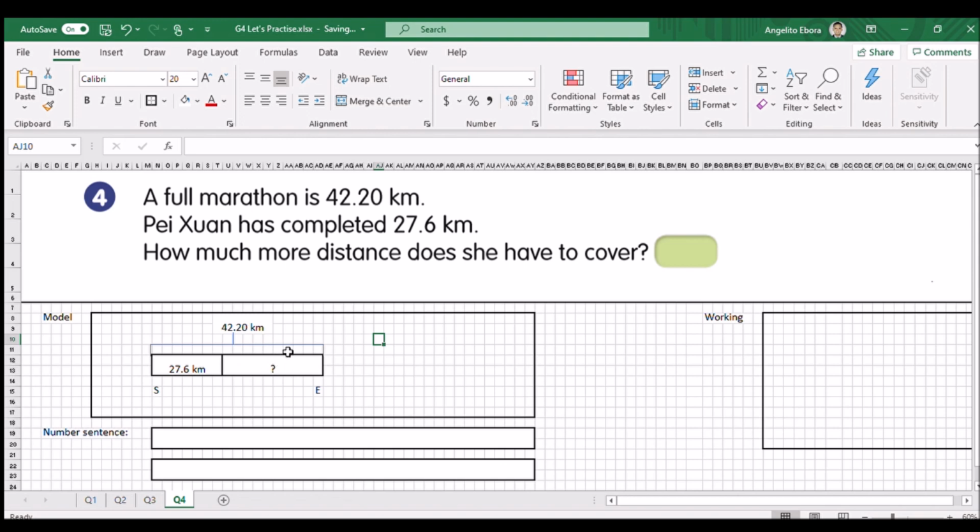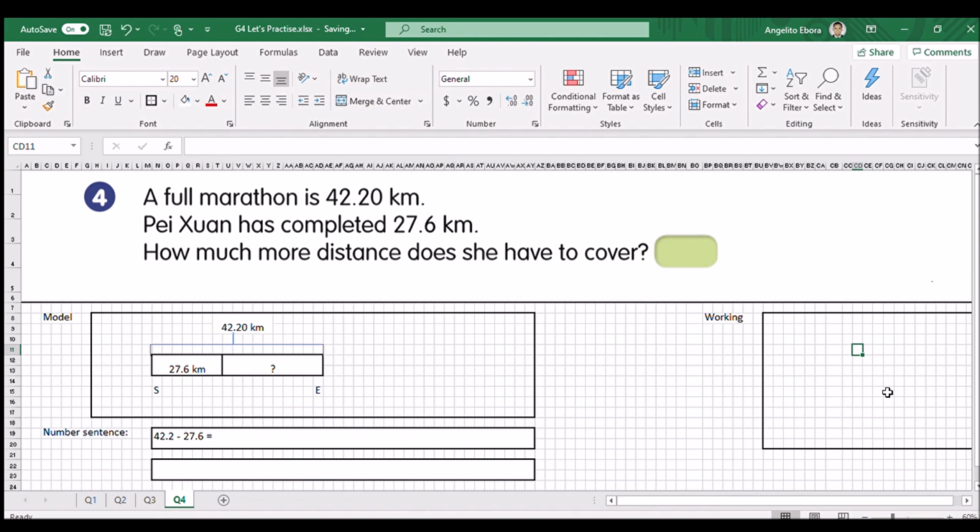So how do we find this part? It's like a number bond, so we need to add or subtract. We need to subtract. So we have 42.20 minus 27.6 is equal to, that's what we need to figure out. It's okay not to write 0 here because you only have one decimal here also.